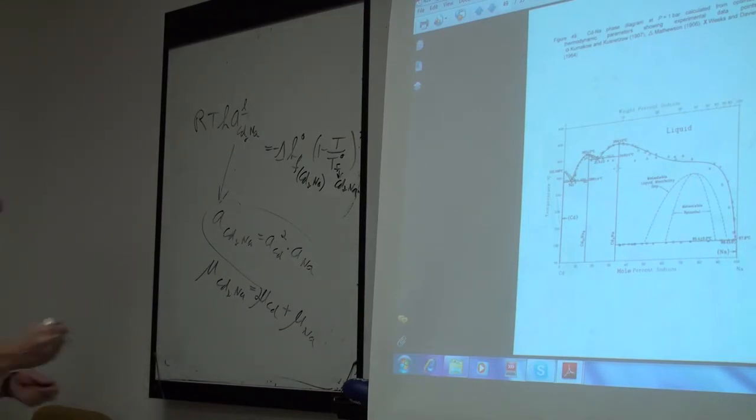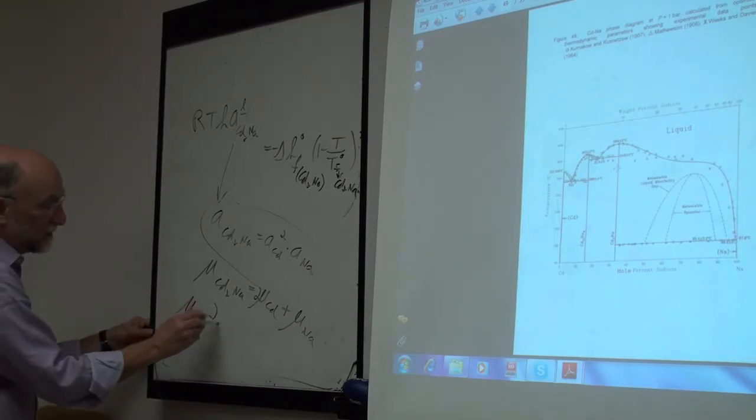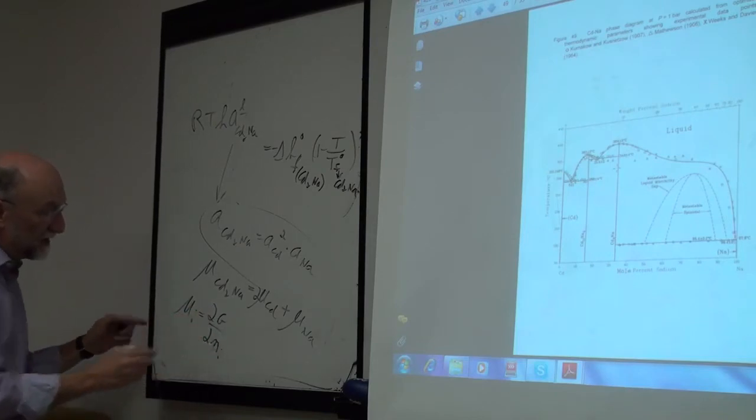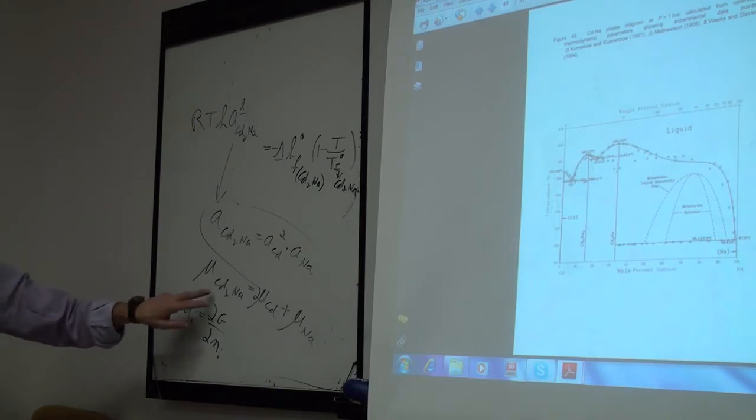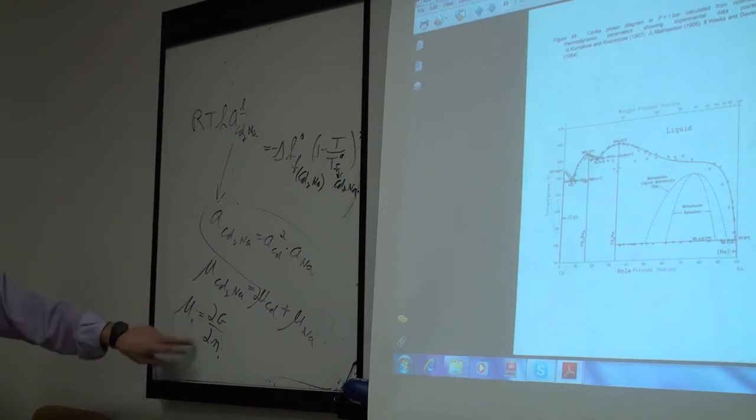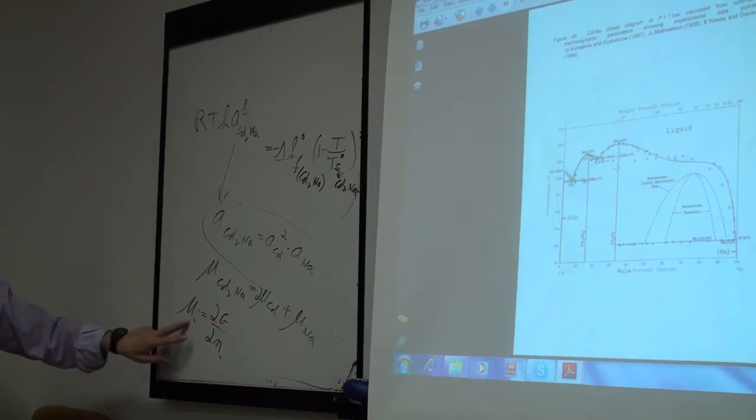Okay. Chemical potential is equal to dG dNi. Okay, let's go backwards. The chemical potential of something is equal to dG dNi. So the chemical potential of sodium is dG as you add some sodium. Chemical potential of cadmium is dG as you add dN moles of cadmium.